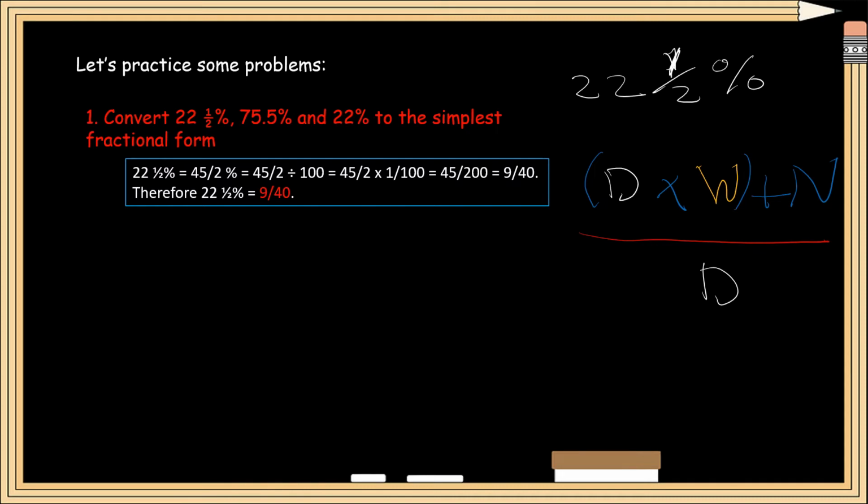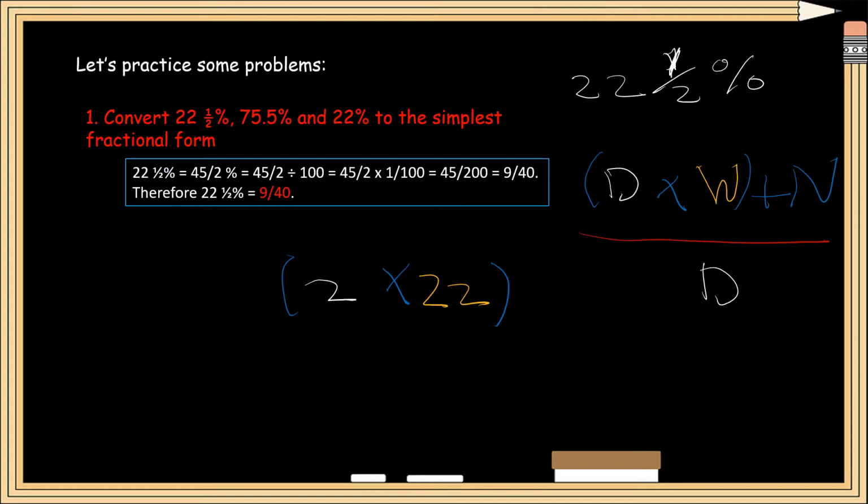So let's do that. Our denominator is 2. 2 multiplied by the whole number, which is 22, in brackets.